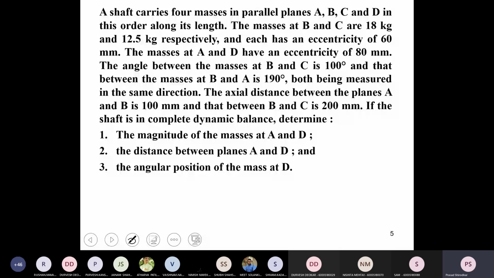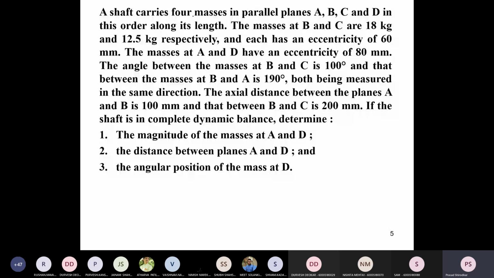A shaft carries four masses in parallel planes A, B, C, and D in this order along its length. The masses at B and C are given as 18 kg and 12.5 kg respectively, and each has an eccentricity of 60 millimeters.